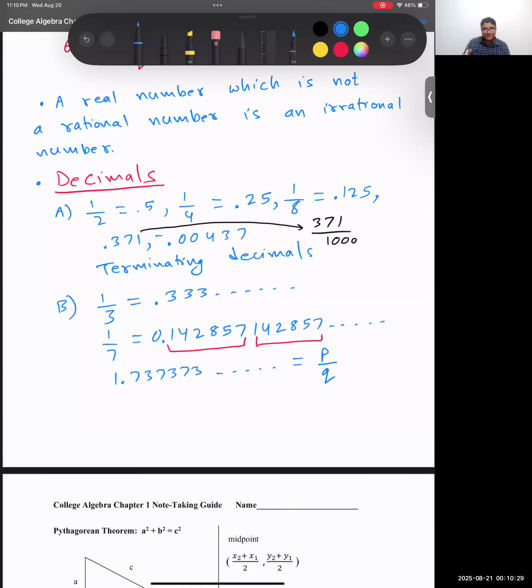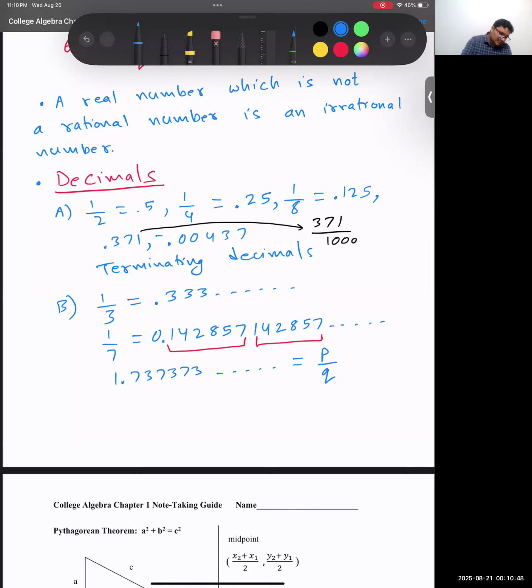What particular P over Q gives you 1.737373? Honestly, I also don't know at this time, but I know that it is possible to get it. And there should be some n number of YouTube videos on that.